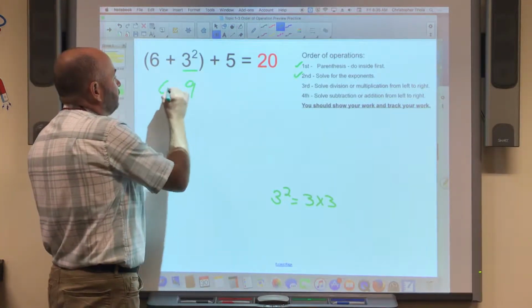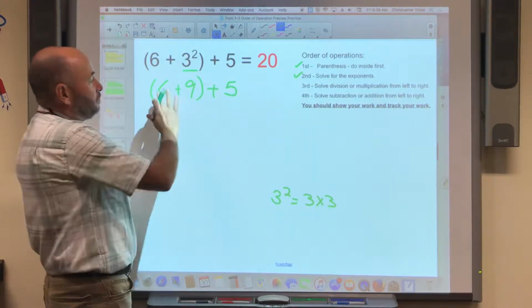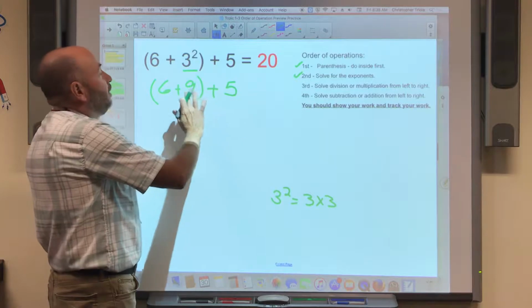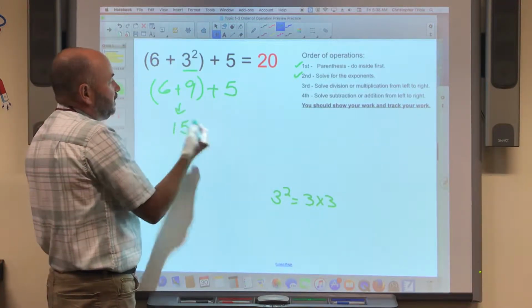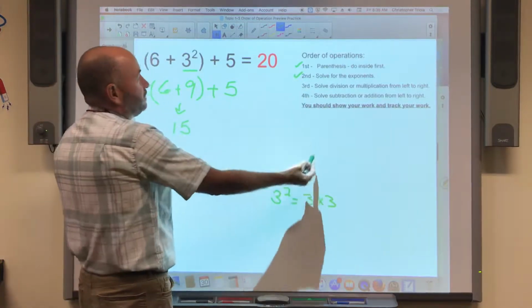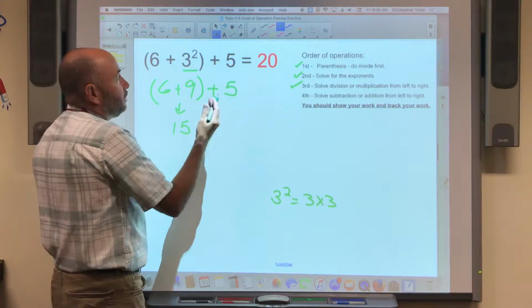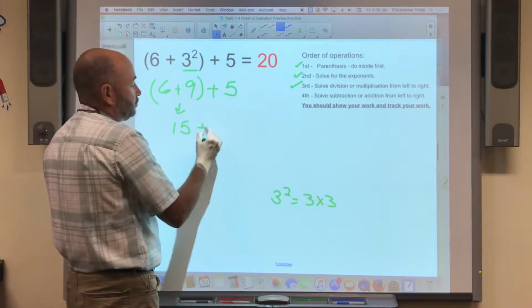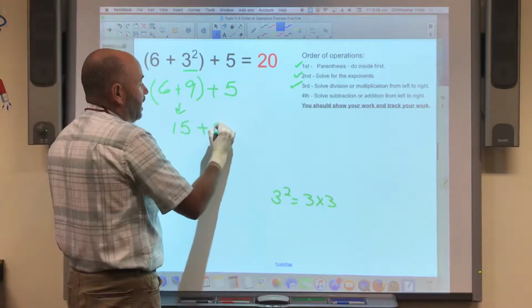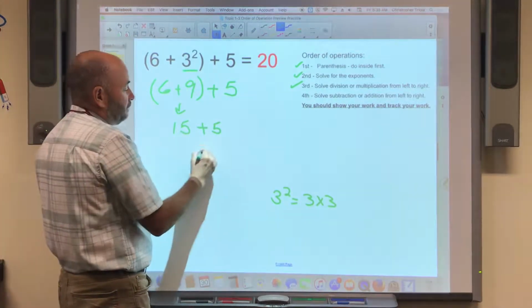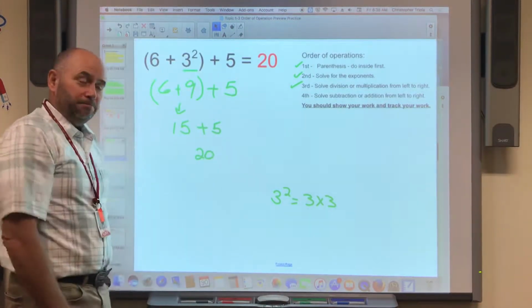So now we have 6 plus 9 plus 5, okay? We are still on the first step of solving inside the parentheses. 6 plus 9 is 15, and now we can go on to solve, because we're done in parentheses, division or multiplication. We don't have a division or multiplication, so we're moving on to the operations of subtraction or addition, which we have, and so we now have 15 plus 5 is 20. All right, and there we go.